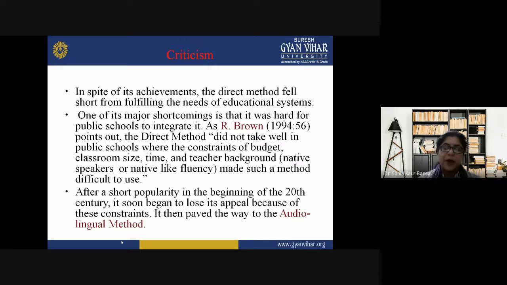So, apart from the criticism, we have seen its benefits. And after studying the benefits, we can only say that the direct method is not a method which we can ignore if we want to make our students capable. Okay, students, so this is about the direct method of teaching.